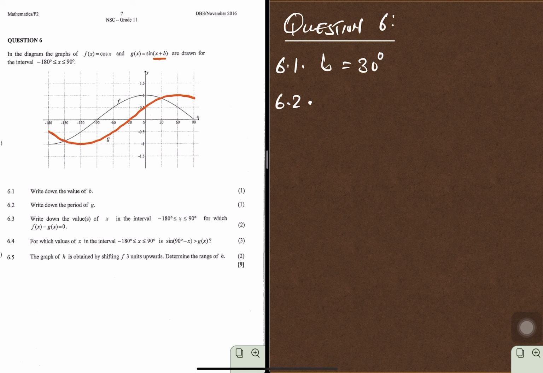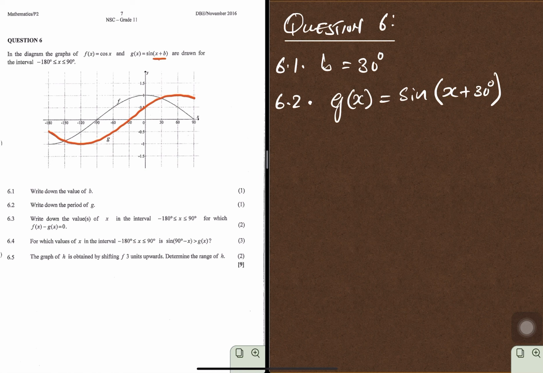So look at g. Let me pen this down. g is equal to sine of x plus 30 degrees. That is the graph of g. Now pay attention. The number that multiplies x, or the coefficient of x, is going to affect the period of the graph of g. In this case, we have a 1 here.